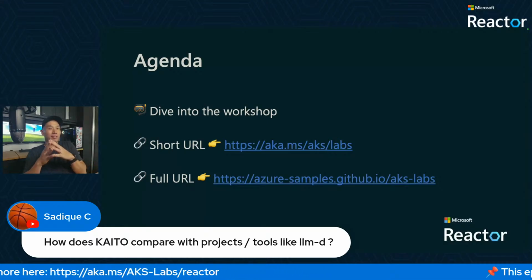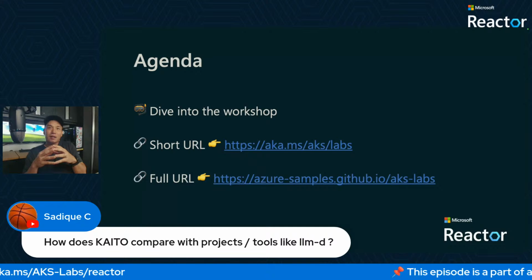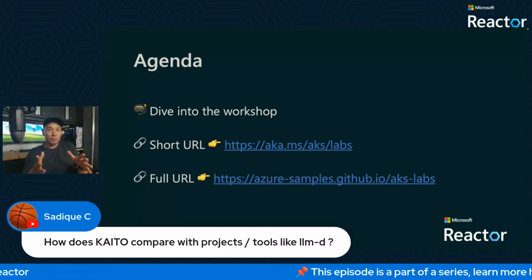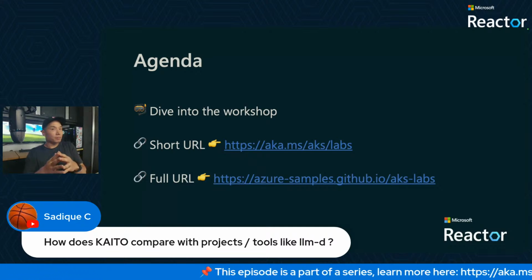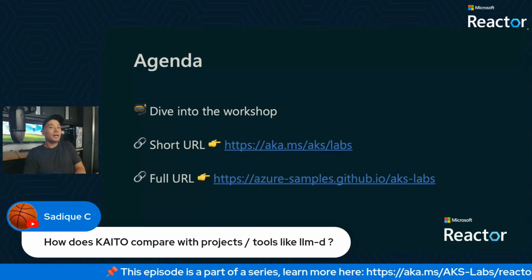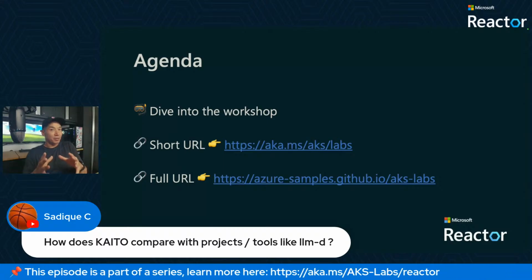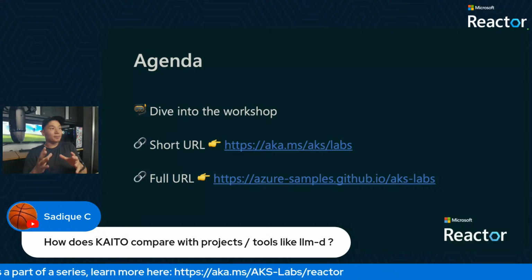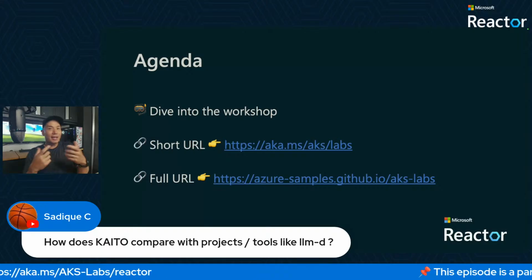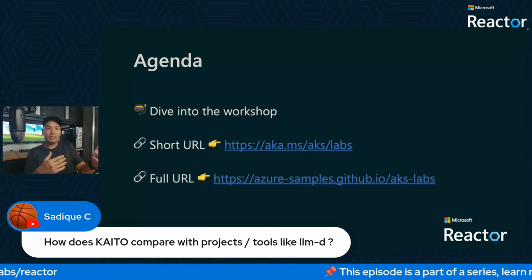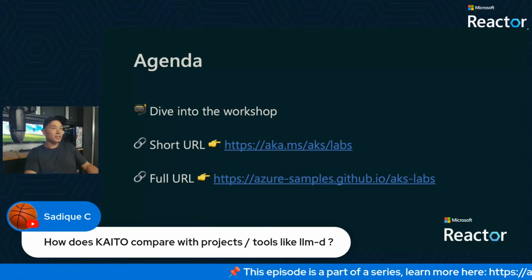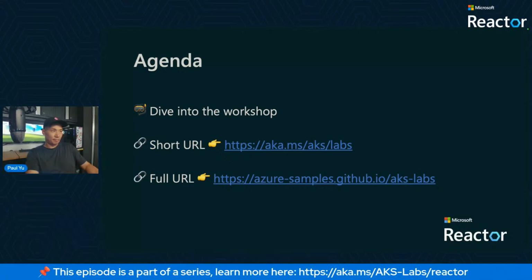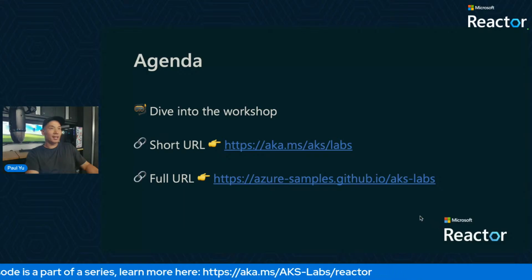And LLMD very much focuses on, I believe, partitioning or distributing the model inferencing. And so very similar. And stay tuned to the AKS blog or any of our community facing documentation. We might be publishing an article on that very soon. So keep your eyes and ears peeled for that.